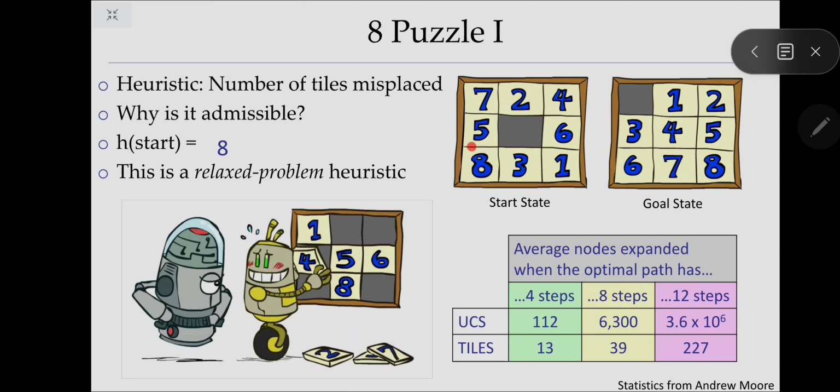For other states, you can do the same process. Now, consider a different algorithm, uniform cost search, and this heuristic inside of A star.